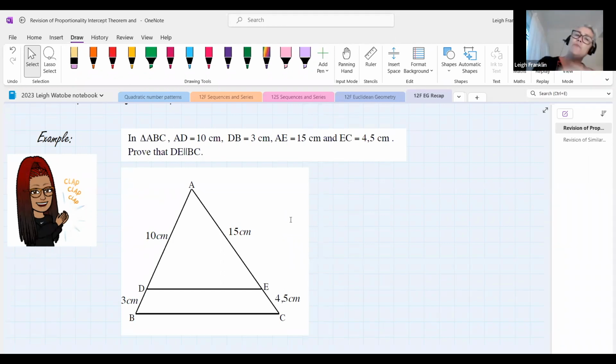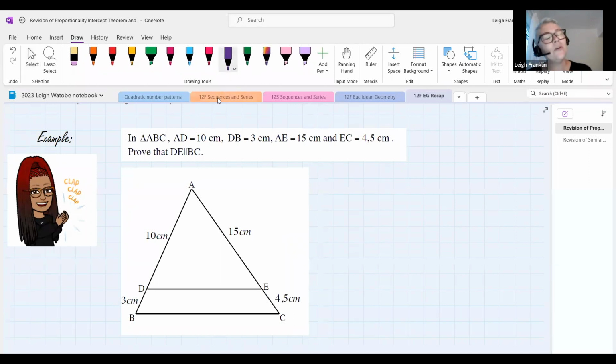It then stands to reason, working backwards, that if the two sides are in the same proportions, the line must be parallel to the third side of the triangle. So in other words, here what we're trying to establish, or trying to prove, is that DE is parallel to BC. And it's actually very, very easy when you know how to set this out. And it's often something that I've noticed over the years: a lot of matrics seem to get it wrong.